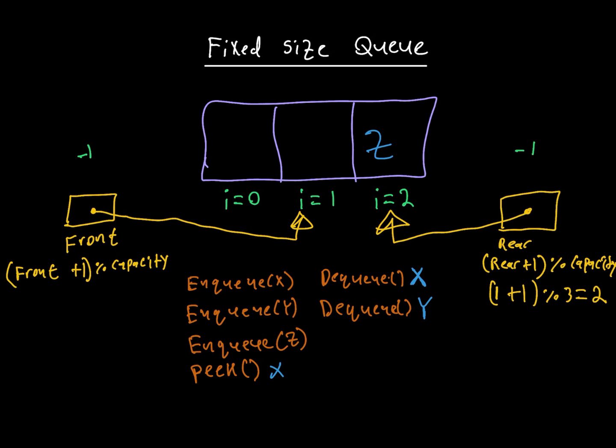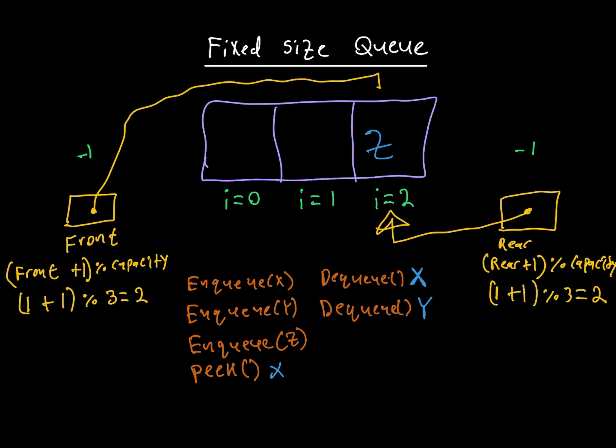So it would be index 1 plus 1 mod 3, which is going to give us 2. So front is now pointing to index 2. Oh, and then you would obviously return y after you're done.